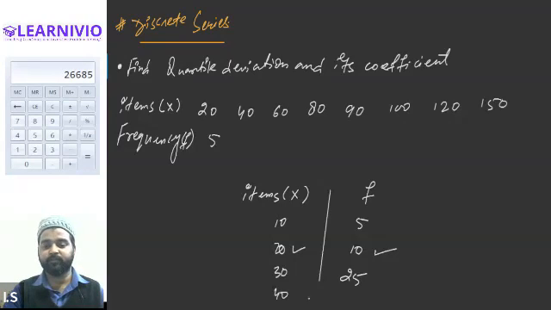And if 40 is repeating 15 times, we do not have to write 40 fifteen times as we do in an individual series. Instead, we write 40, and in front of it we write its frequency. So this is the discrete series.